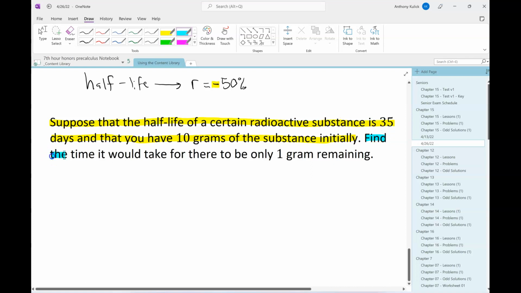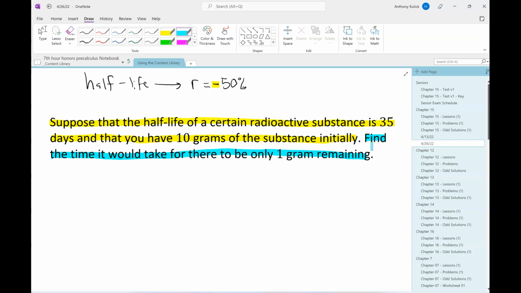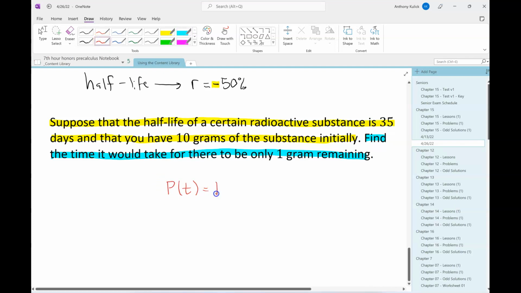And the second question would be, solve that model for this specific scenario. Everybody kind of cool with that? Again, we just mentioned why it's still appropriate to use our population model for a radioactive decay situation.